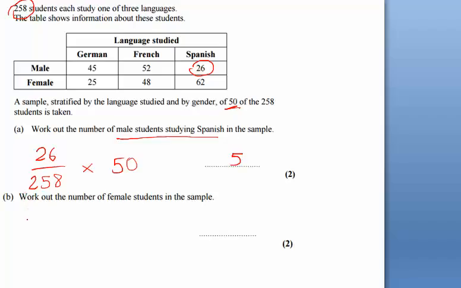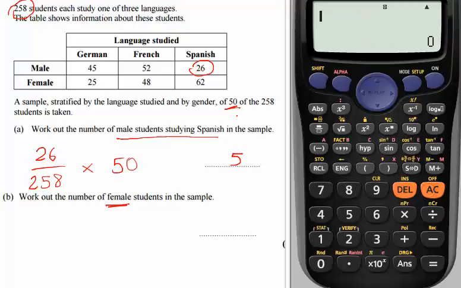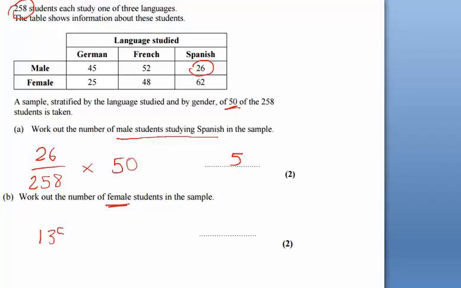The next part of the question says work out the number of female students in the sample. So when I consider female students, I need to consider all those that are doing German, French and Spanish. So 25 plus 48 plus 62 gives me 135 female students out of 258.